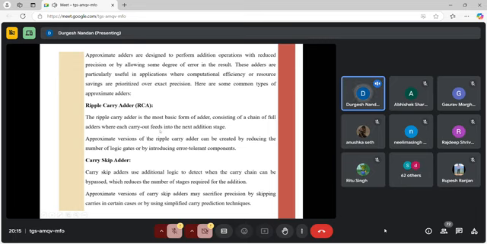Now we come to several types of approximate adders. They are similar: adders with some approximations. Another type of approximate adder is the ripple carry adder.